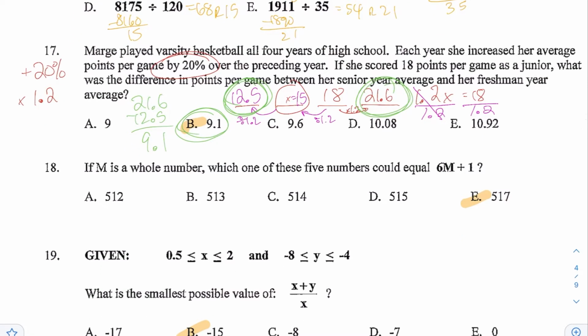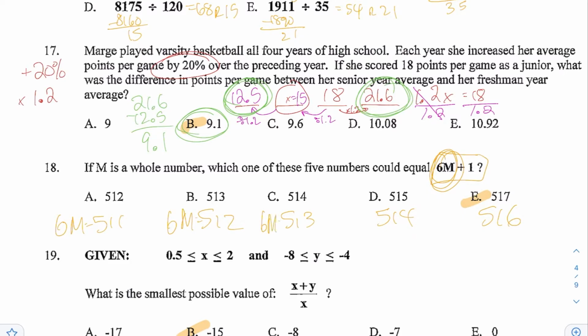Next for number 18, if m is a whole number, which one of these 5 numbers could be equal to 6m plus 1? So you want to subtract 1 from all the choices, because we're working backwards. And one of these numbers is actually a multiple of 6, because this would be equal to 6m.